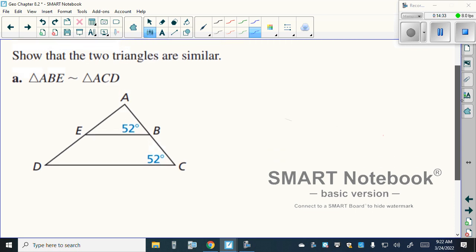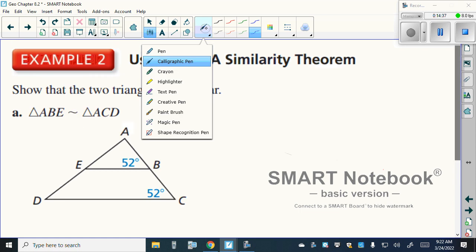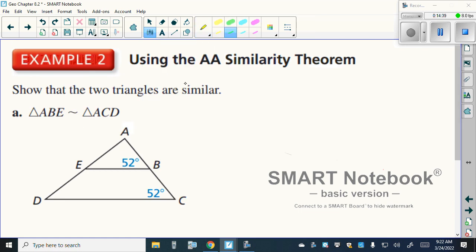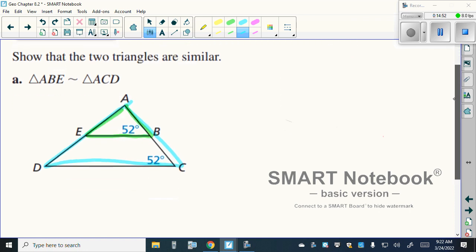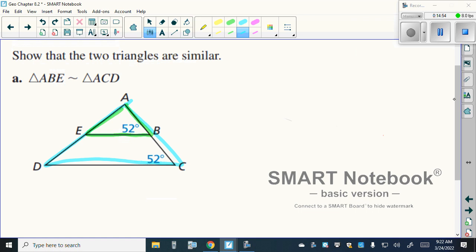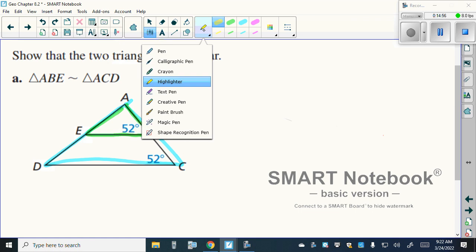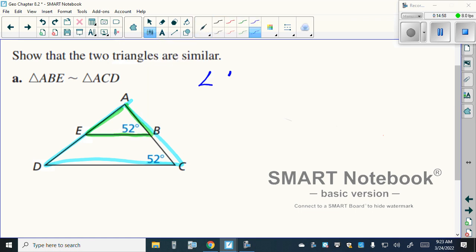Show that the 2 triangles are similar. So we want to show that ABE, this triangle here, is similar to ACD, the bigger one. Now looking at these 2 figures here, we see that angle C is congruent to angle ABE.